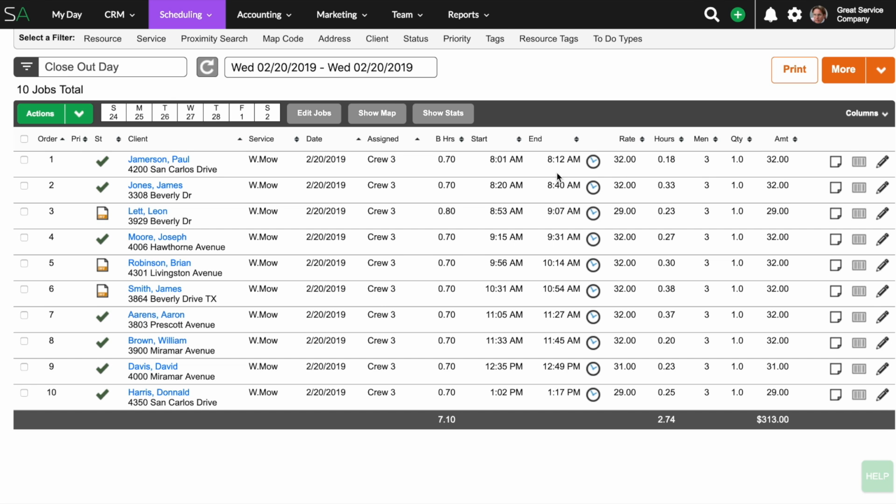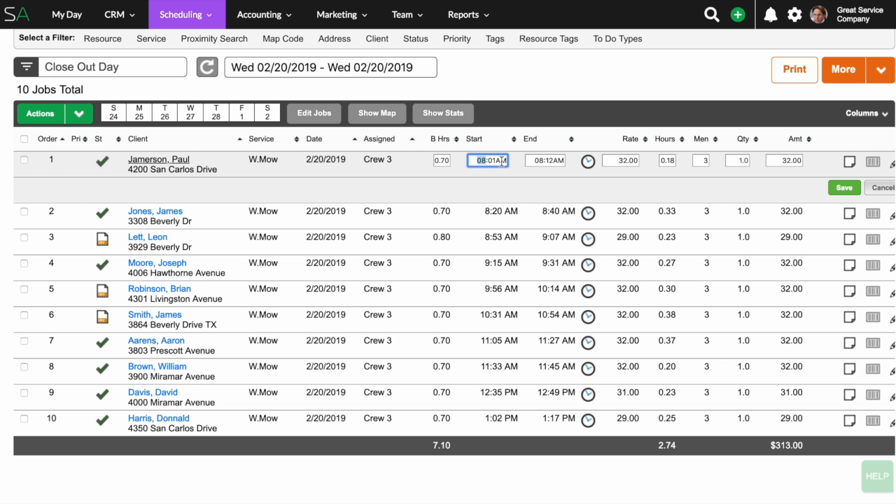So the total time was calculated. This time, the 8:01 to 8:12, probably came in from a mobile device, meaning someone would click start, and when they were done, they'd click stop on a mobile device, automatically logging all the time. However, if you don't use a mobile device, you can simply click and tab through here and data punch the data, and that way you have a permanent record of it.